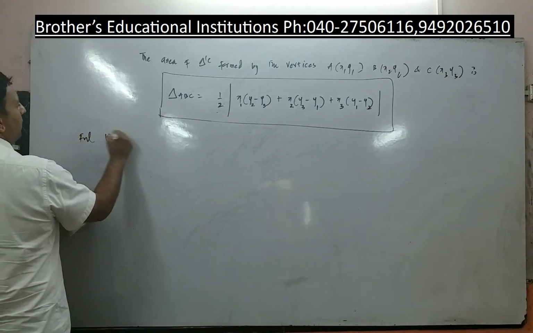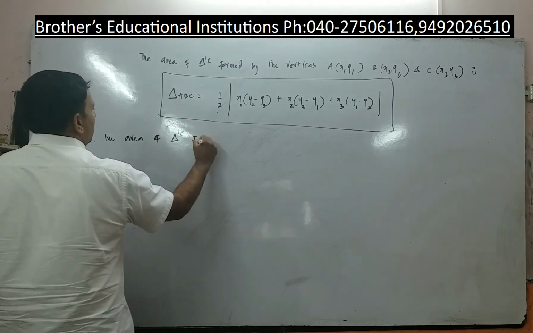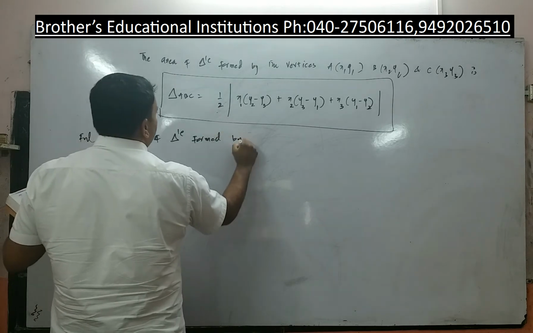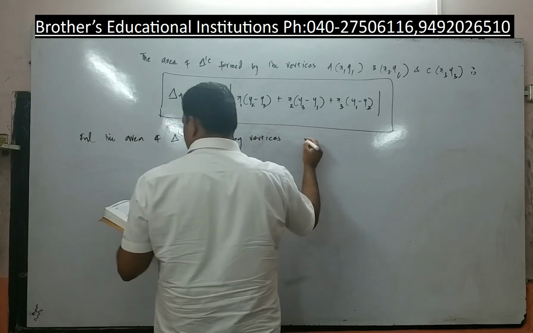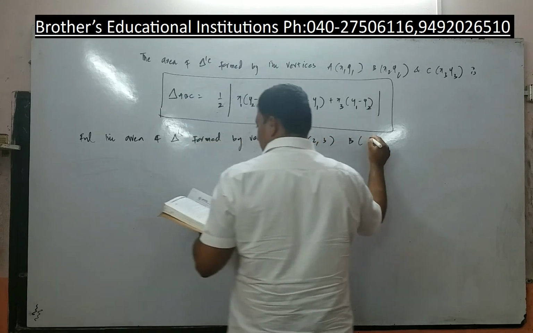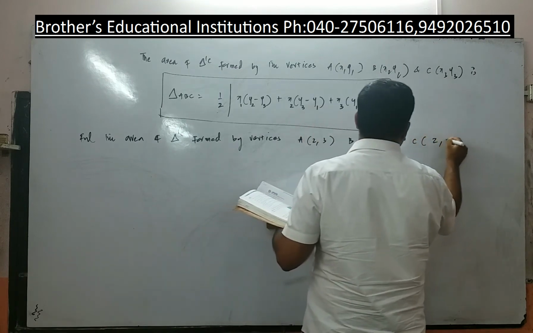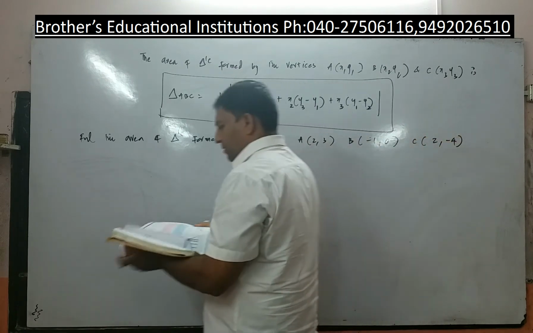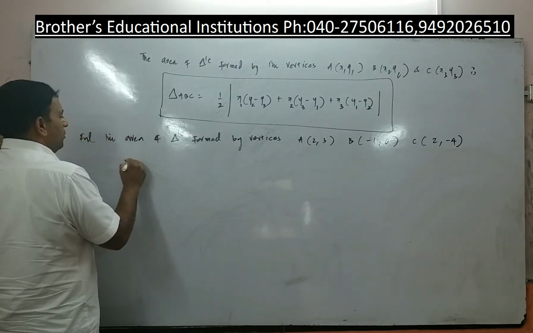Find the area of triangle formed by vertices A (2, 3), B (minus 1, 0), C (2, minus 4). Be careful with the negative sign. All right, minus sign. Solution.